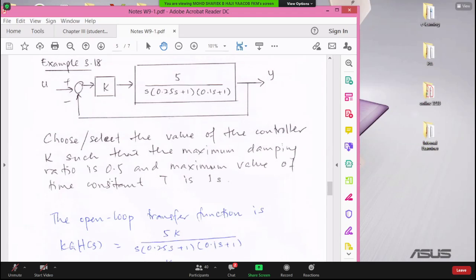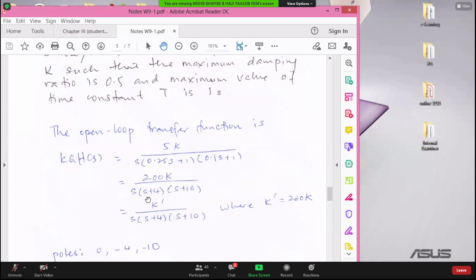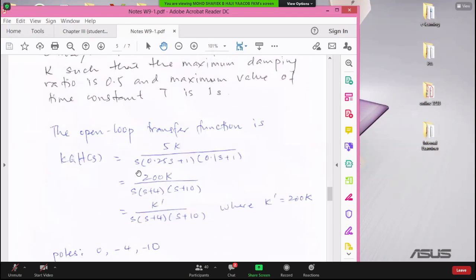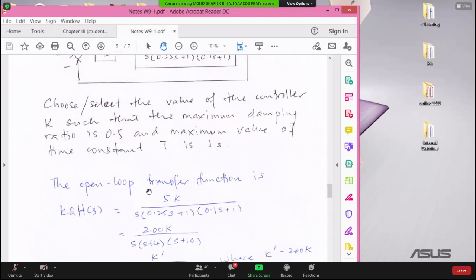And of course, your first task is to draw the locus diagram. The locus diagram you draw using the open loop transfer function. Do not extract the closed loop transfer function, just the loop gain. So this is now your open loop transfer function.